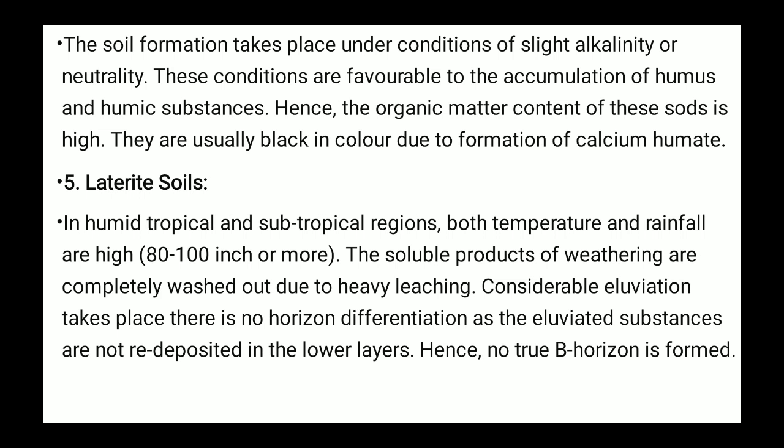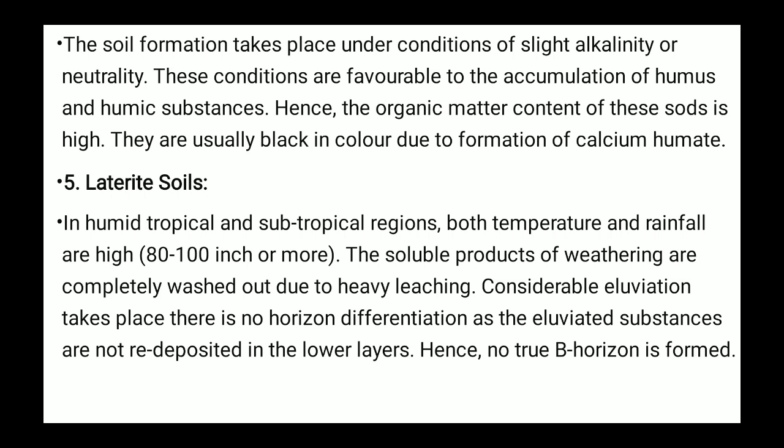Then another type of soil is laterite soil. In humid tropical and subtropical regions, both temperature and rainfall are high, 80 to 100 inch or more. The soluble products of weathering are completely washed out due to heavy leaching, and considerable elevation takes place.